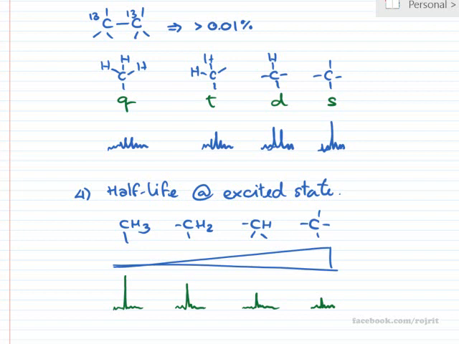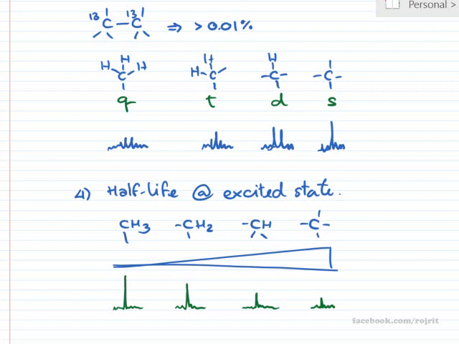What happens is that different types of carbon here, from primary carbon, secondary carbon, tertiary carbon, and quaternary carbon, take different times to come back to the ground state. The methyl group, primary carbon, comes back down very fast. So when we excite it again, almost every carbon atom has come back down already and given us the signal, so we can excite it and collect it again and again.